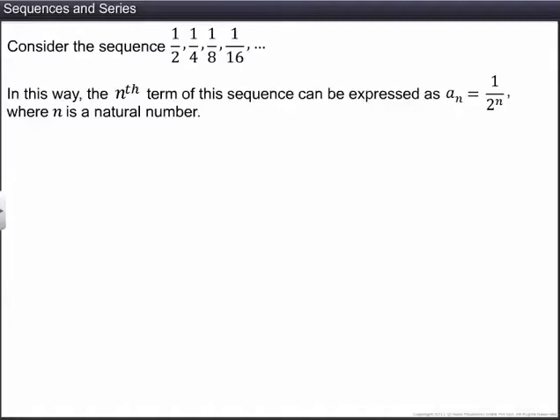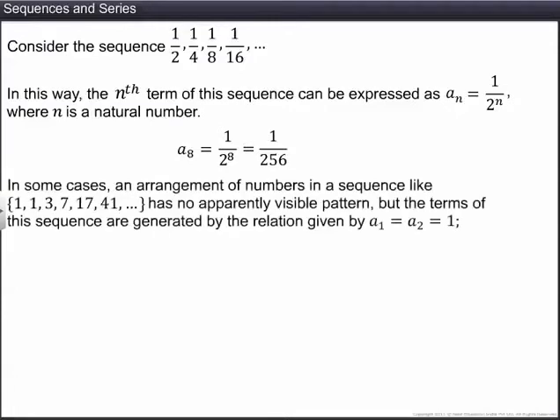Thus, the 8th term of this sequence is given by 1/2 raised to the power of 8, which is equal to 1/256.